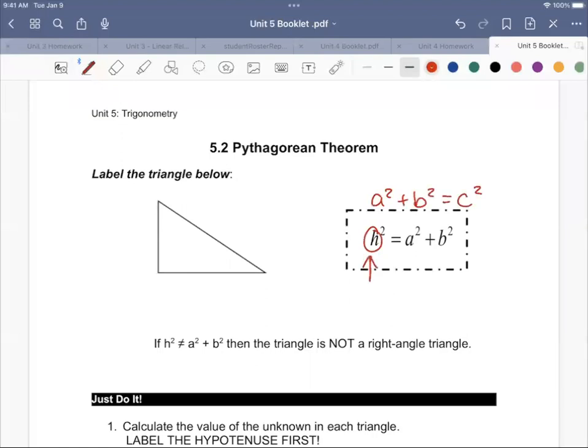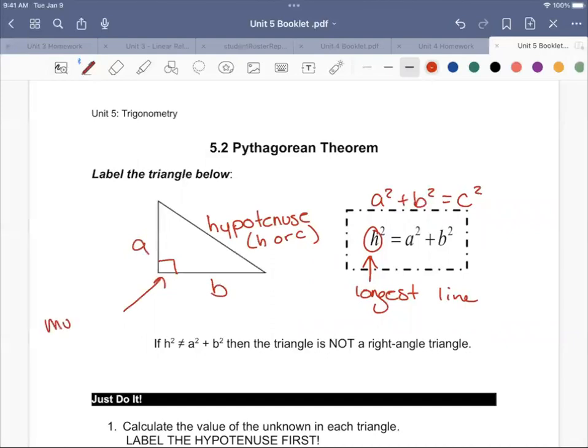This is always our longest line. So in this case, it's this one right here. The reason why it's written as h there is because it's the hypotenuse. Which means this can be A, this can be B. That must be a right angle.